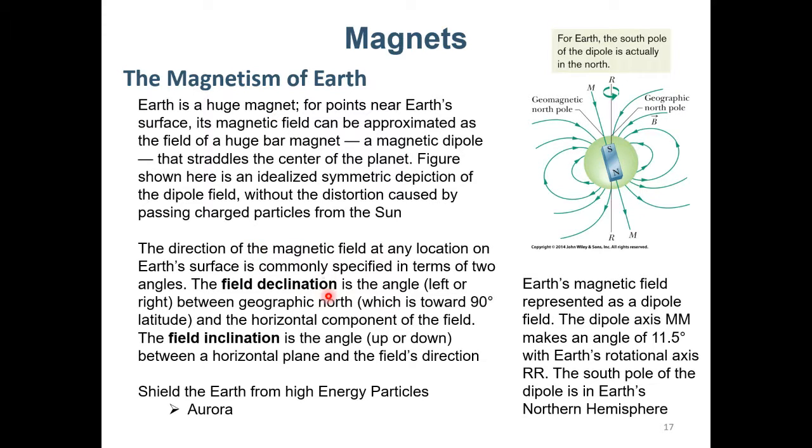And actually, the magnetic field of the Earth is a very good shield for the Earth. If there were no magnetic field on the Earth, we would all die, because there are many high energy particles, something like X-rays, shooting at the Earth.